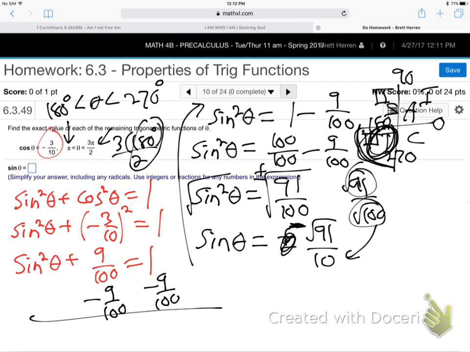So sine must be negative here in quadrant 3. Is that good? Sine must be negative. So we got sine, we got cosine. We could find the other 4 trig functions by combinations of sine and cosine. Questions on that one?